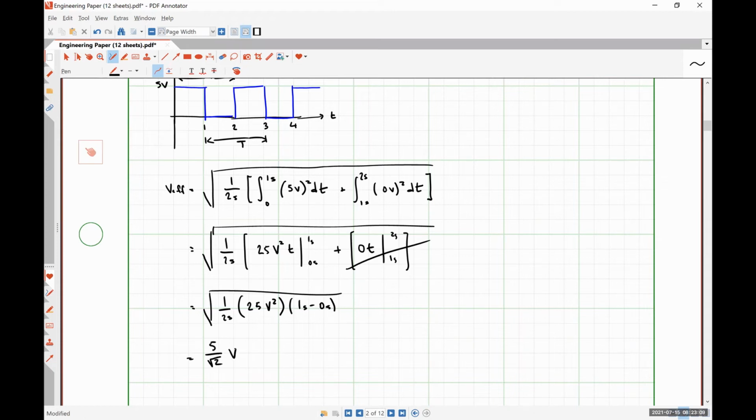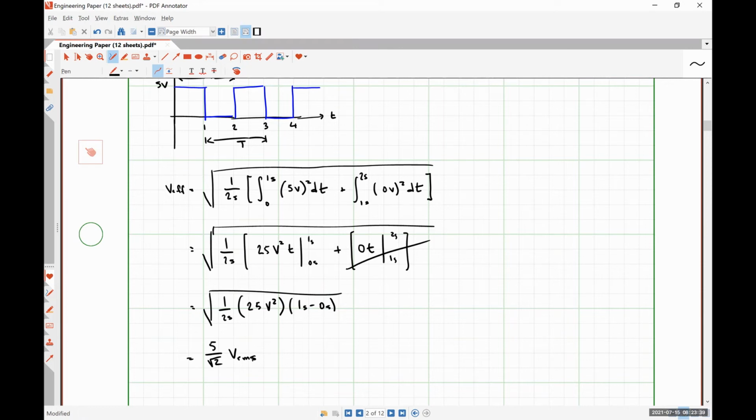5/2 volts. And I like to denote effective values using the units volt RMS, right? Actually, yeah, so 25/2 in my square root is the same as 5/√2, yeah. So we can see that the effective value for these rectangular pulses like this is just the amplitude of the pulse divided by square root of 2.